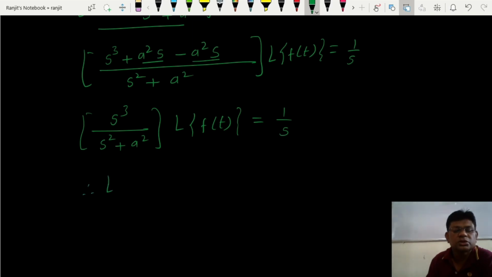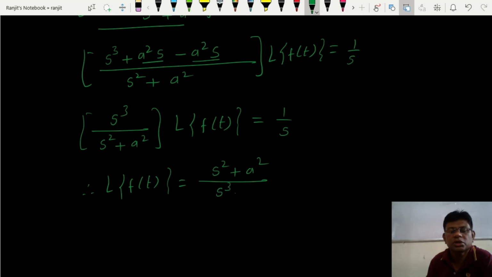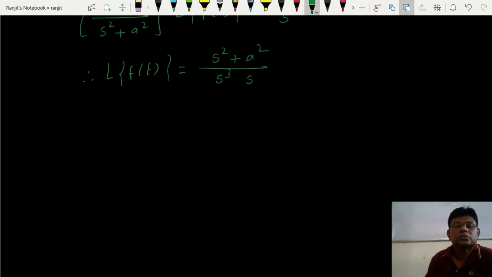Therefore, this Laplace transform of f of t is equal to s square plus a square upon s to the power 3 times s. This is equal to s square divided by this s to the power 4, answer is 1 upon s square plus a square times 1 upon s to the 4.